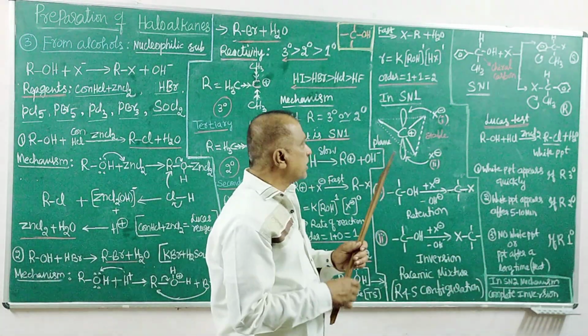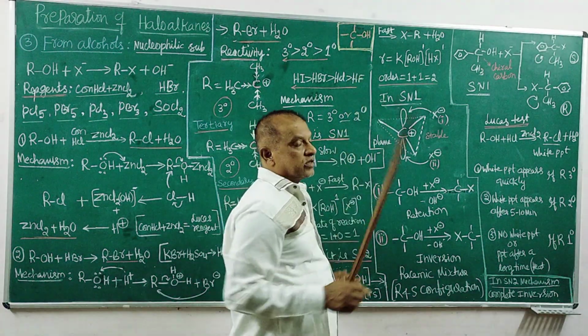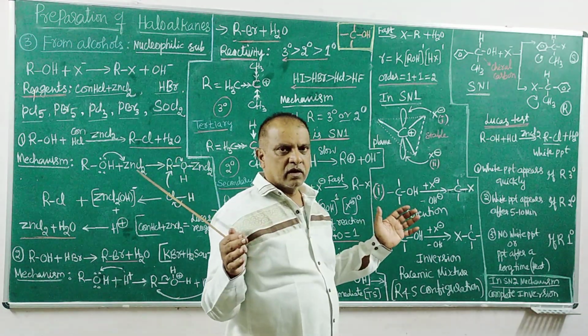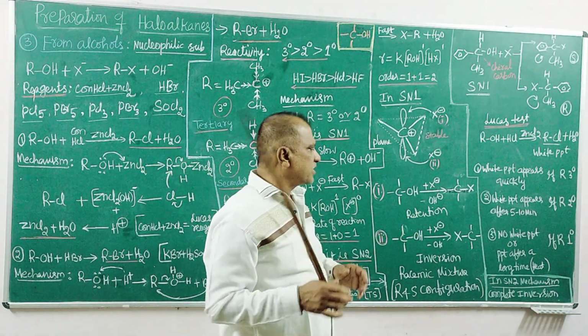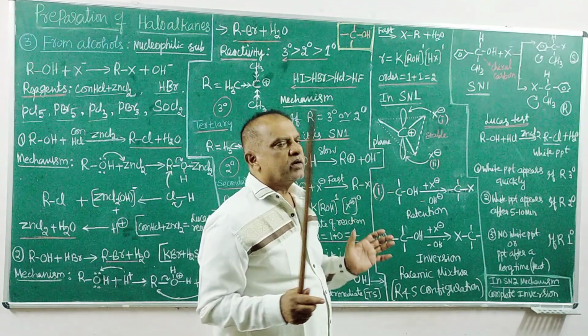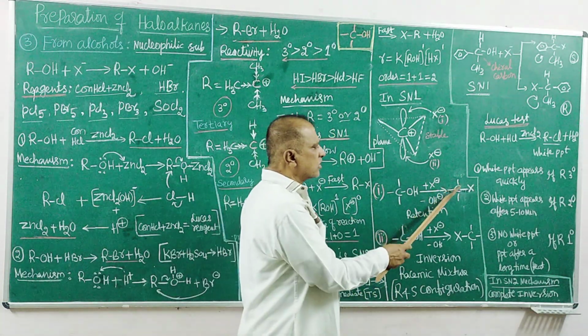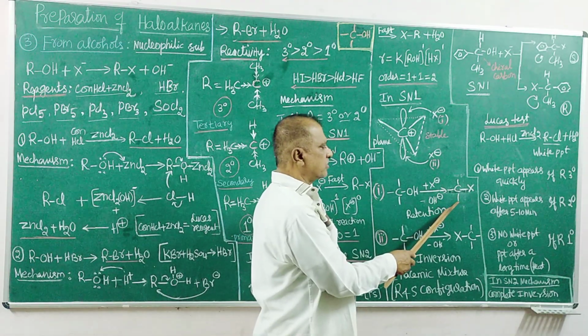Stereochemistry means there are 4 different groups directed in 4 different directions in space. The arrangement of the 4 different groups in space is different.